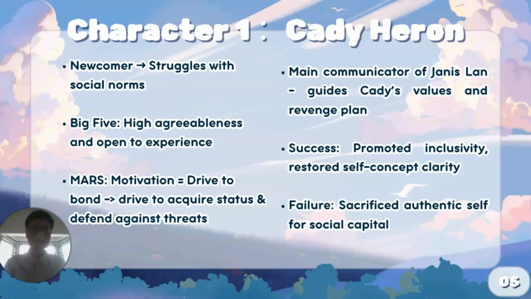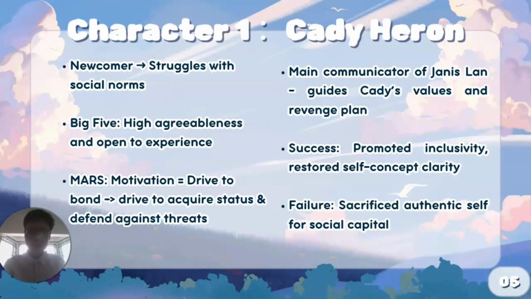Her motivation, based on the MARS model: she begins with a strong drive to bond, but after a perceived betrayal, she now drives to acquire status and defend against threats. Janis Ian acts as her main communicator, guiding her values and pushing the revenge plan.